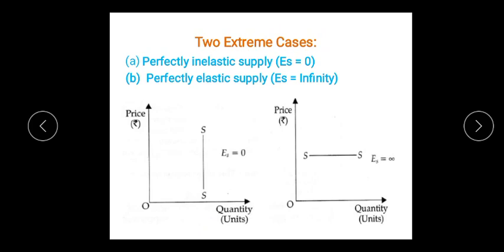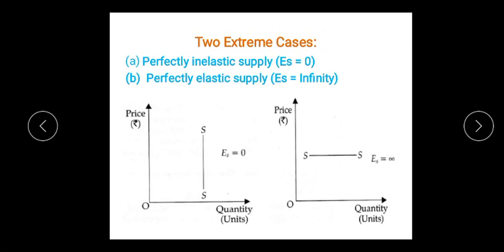Now, the other extreme case, when elasticity of supply is equal to infinity, which is a case of perfectly elastic supply. Dear students, in this case, at a particular price, any quantity of the good is supplied, or we can say that in case of perfectly elastic supply, a very small change in the price leads to an infinite change in the quantity supplied.